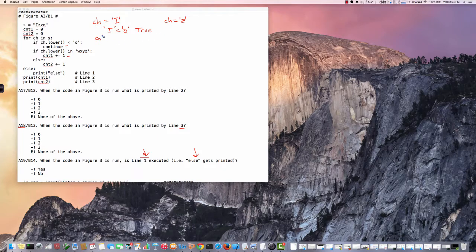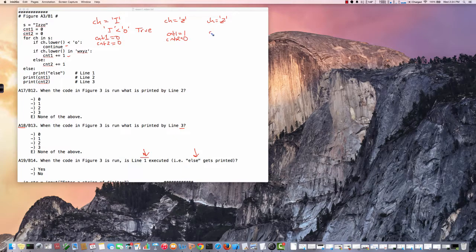My count 1 started out at 0, my count 2 started out at 0, so now my count 1 has a value of 1, and my count 2 still has a value of 0. Next, we go grab the next character, it's a Z again, so the exact same thing happens.